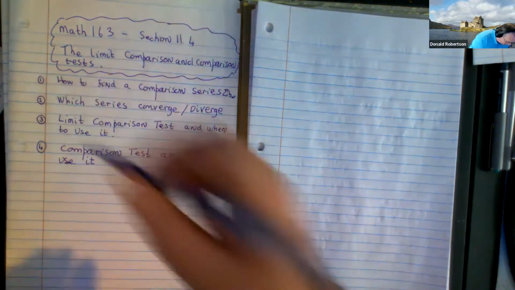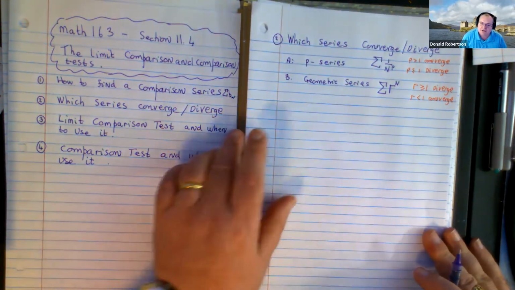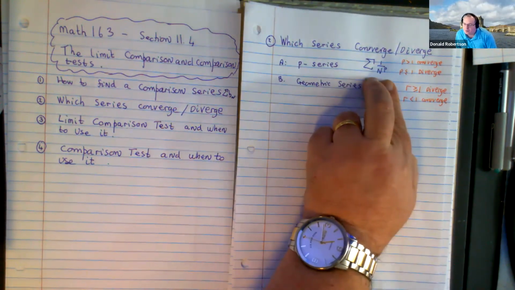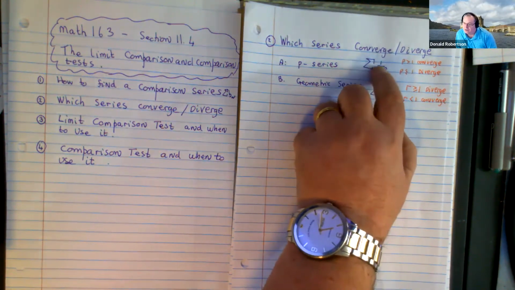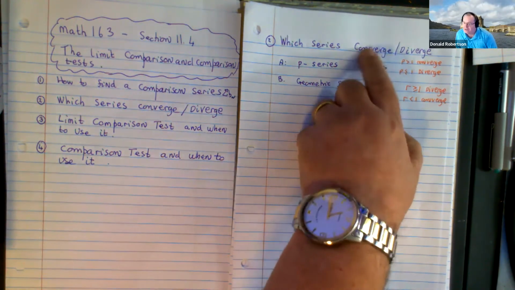Now, the second thing, which series converge and diverge? Well, we've already done that, but I want to show you it kind of summarized. You're going to get the answer 1 over n cubed, 1 over n to the half, 1 over n squared, that kind of thing. When did they converge? Well, this series here is called a p series, right? So if you get 1 over n to the power of a number or a fraction, it's called a p series.